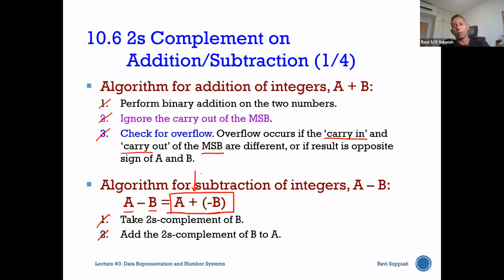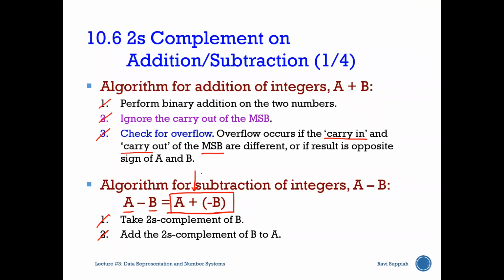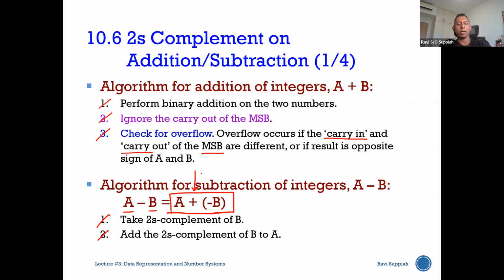Since we are already going to build this hardware to do the addition, we can stick to the same hardware to do the subtraction, and all we need to do is a complement for the second operand. This allows us to reuse what we have instead of creating 2 separate blocks, one for addition and one for subtraction, which would be a waste. So this allows us to reuse existing blocks to solve what we want.